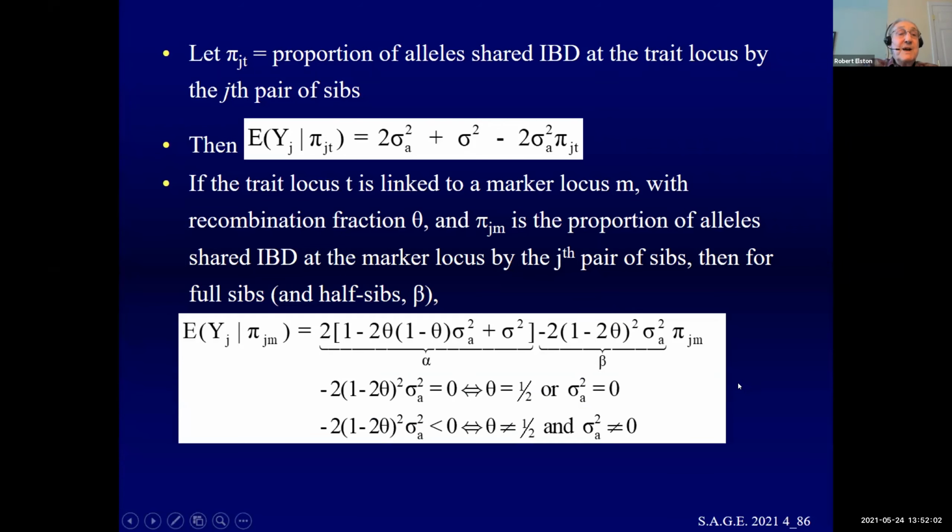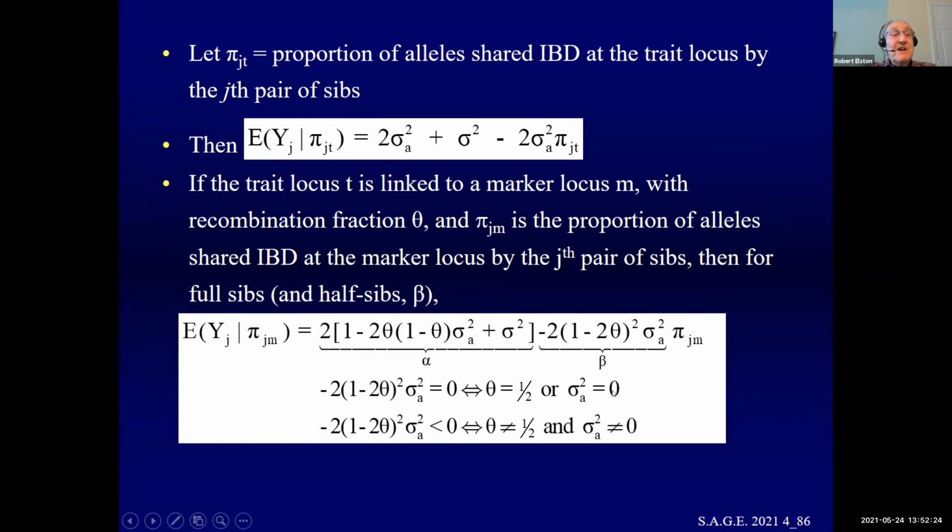We can estimate beta. Now look at this regression coefficient beta. If you look at it, it's 0 if and only if theta is equal to a half, that goes to 0, or if sigma_a squared is 0.